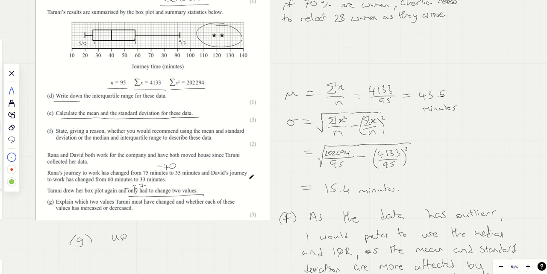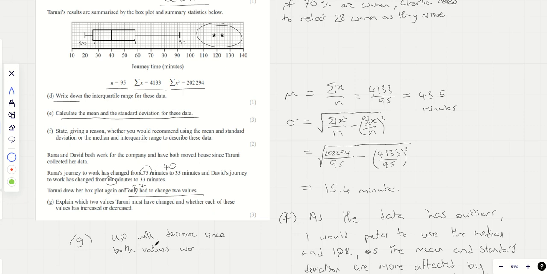So Q3, the upper quartile, will decrease since both values were, and if you look, because the upper quartile was before at 58, this 75 and this 60 were both above the upper quartile, and they're now below the upper quartile.